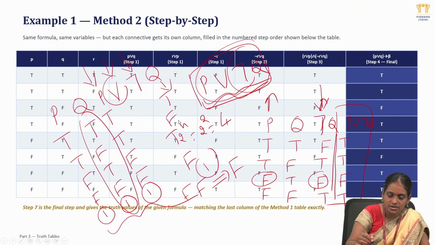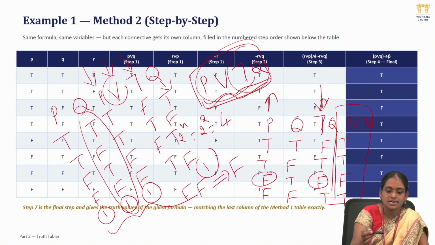So what are the truth values for Q? F, T, again F, T. Here what is the operation you are applying? What is the connective? That is negation. Now you have to give the second step.